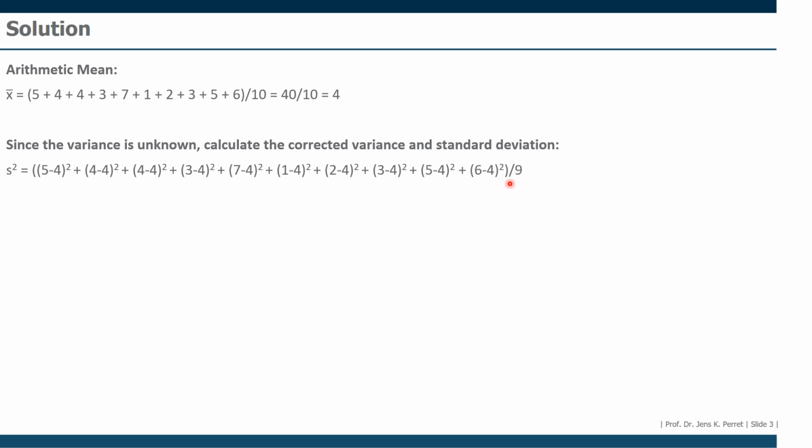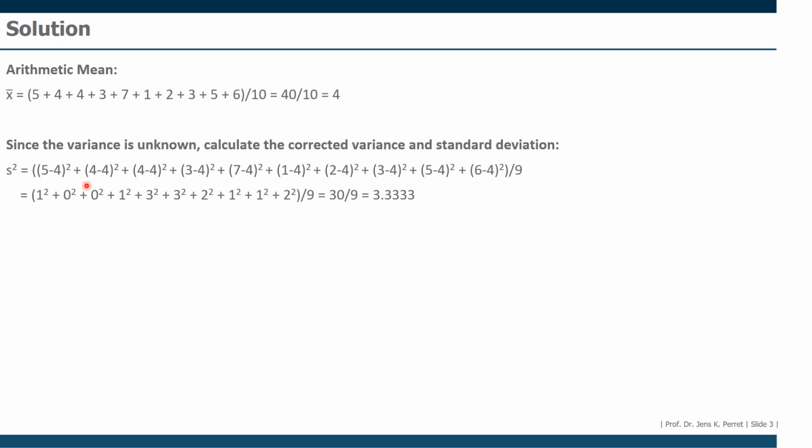The final sum is divided by the number of observations minus 1. Here I have 10 observations, so I'm dividing by 9. This gives us the corrected variance, the sample variance, which is here 3.333 and so forth.